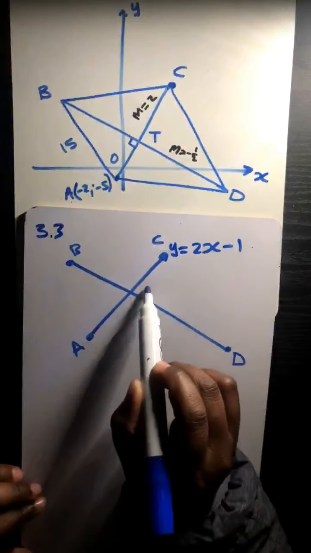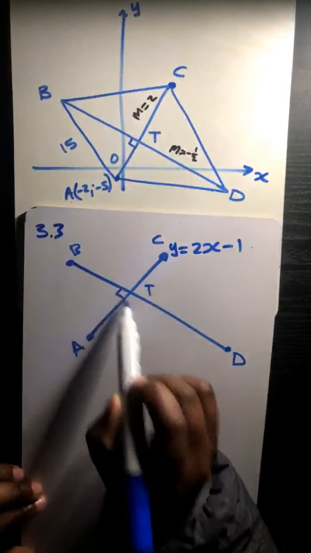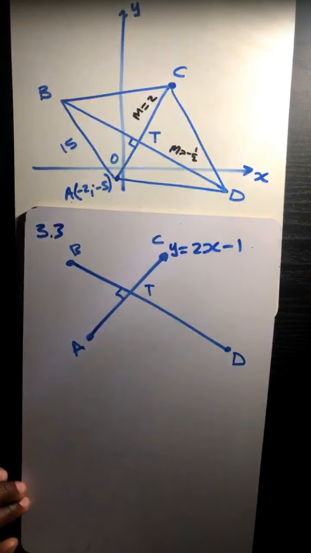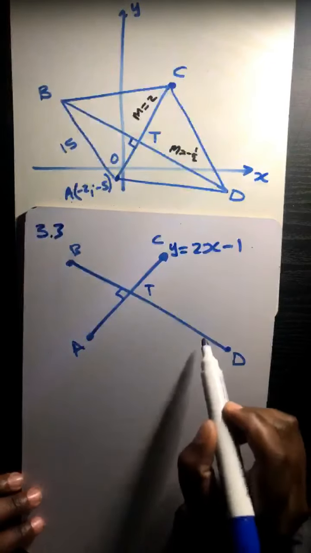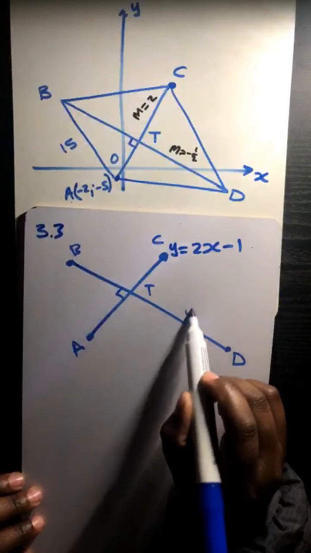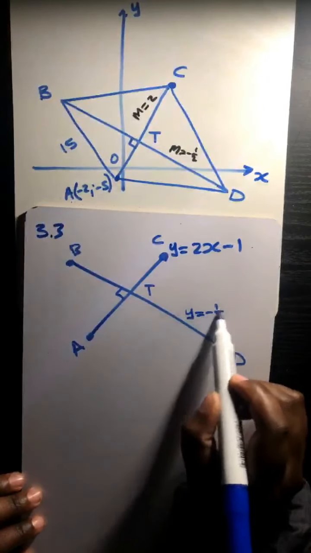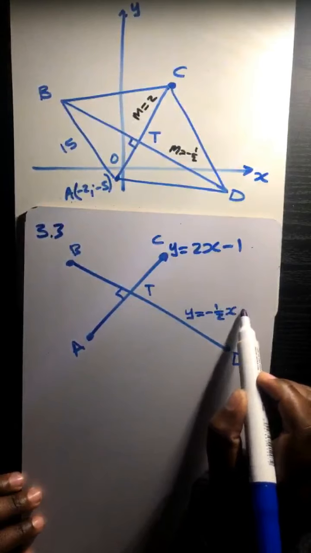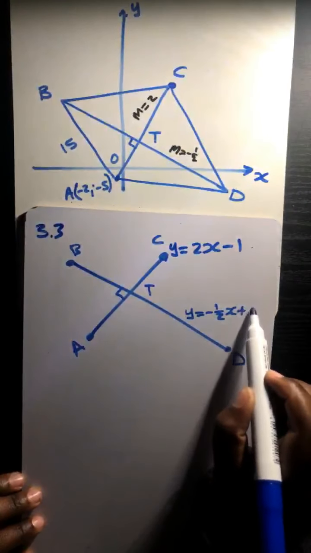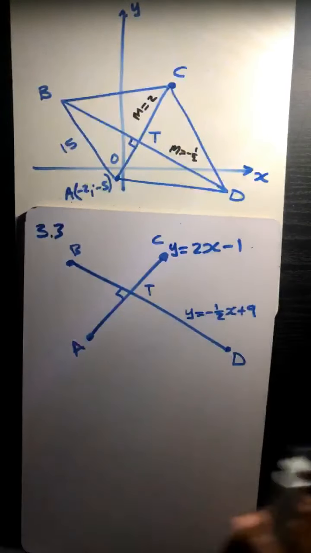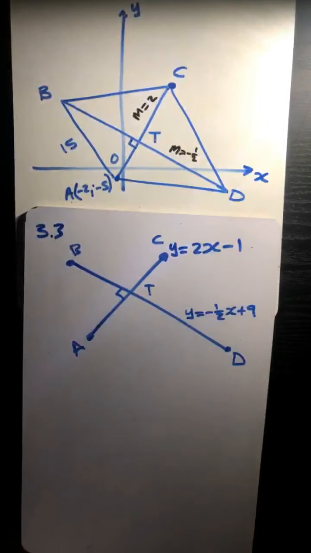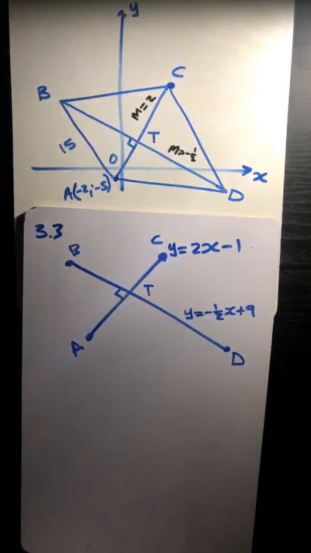This is D. So the T is there, and this line, it doesn't really matter that much. But the equation of this line, you remember, we said is y is equal to negative 1 over 2x, what was this, was it plus 9? I think it was plus 9. So just make sure that whatever I write there, ladies and gentlemen, I'm writing correct things.